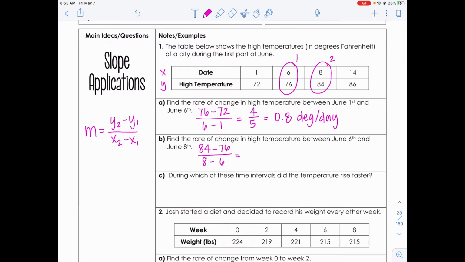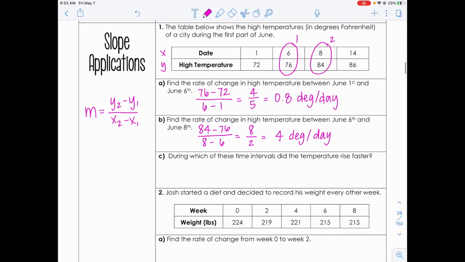When I subtract them, I get 8 over 2. And like I said, we're going to divide it all the way out to get a unit rate. So 8 divided by 2 is 4. And because we're doing a unit rate, it needs a label. So it would be degrees per day.